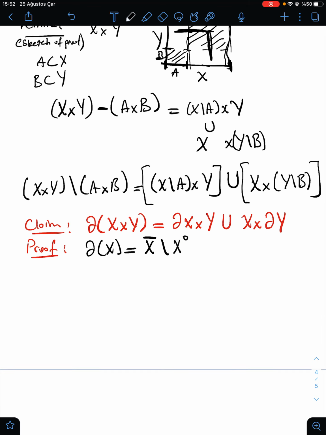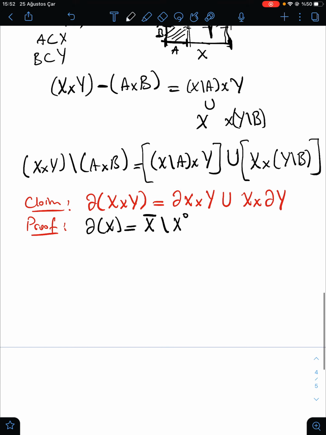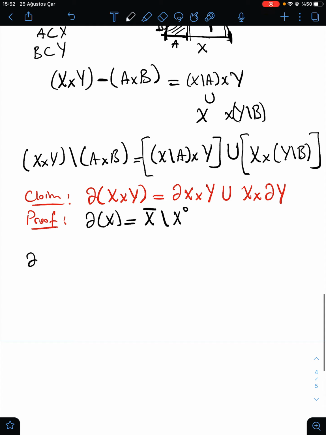And I denote this like this little dot. So our claim is about X and Y. We need to first find closures, then their interiors.